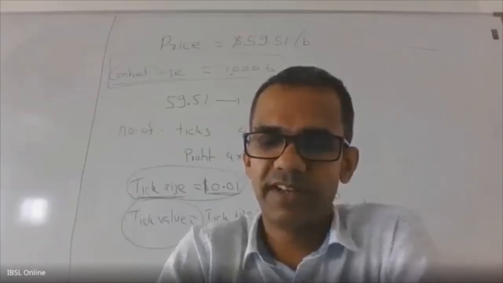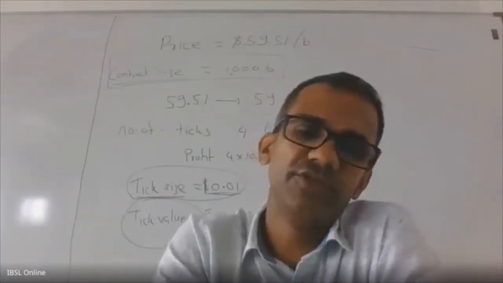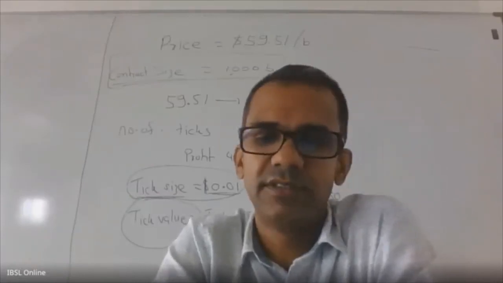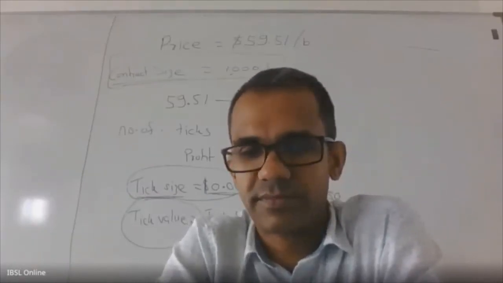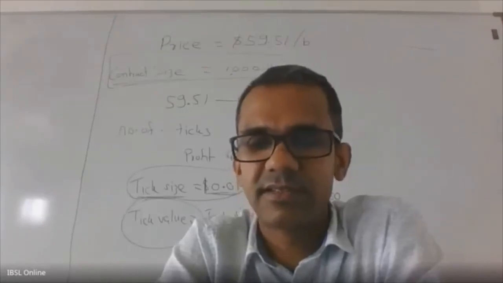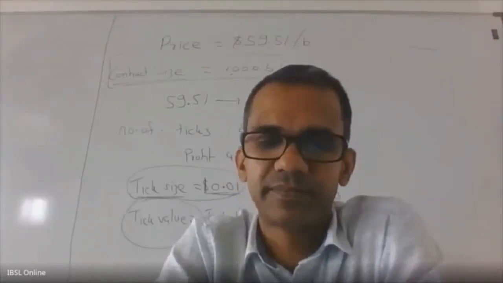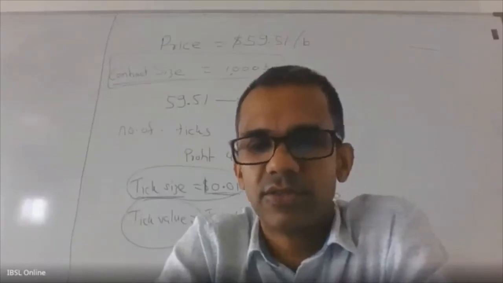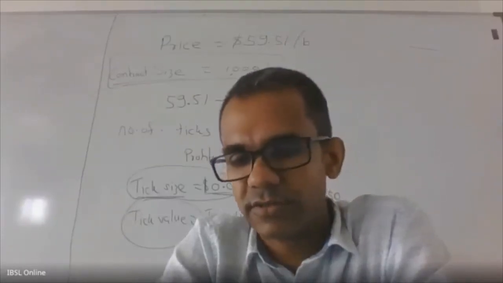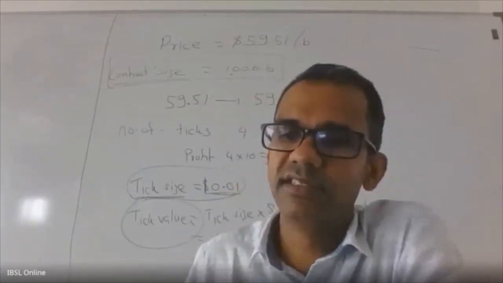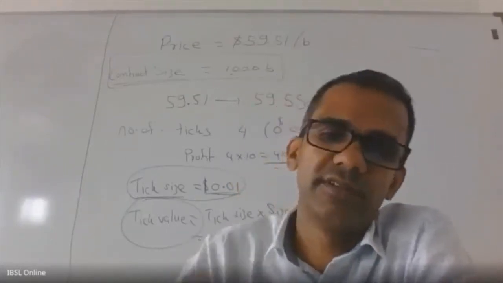To calculate the profit and loss, the jargon we use would be different from the ones we used in other products. That would depend on the contract size, tick value, tick size, index points. So be familiar with those when you join the class next week.